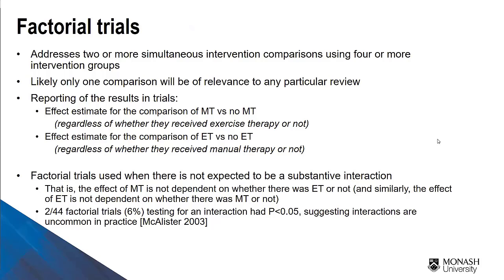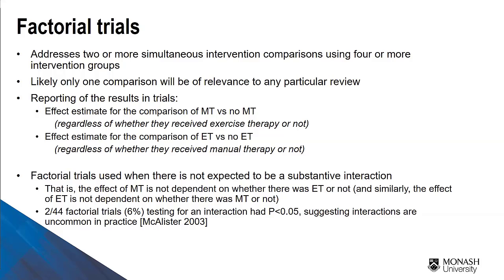So factorial trials address two or more simultaneous intervention comparisons using 4 or more intervention groups. And it's likely that only one comparison might be of relevance to the particular review. Ideally, a factorial trial will report the effect estimate for the comparison of manual therapy versus no manual therapy, regardless of whether they received exercise therapy or not, and the effect estimate for exercise therapy versus no exercise therapy, regardless of whether they received manual therapy or not.